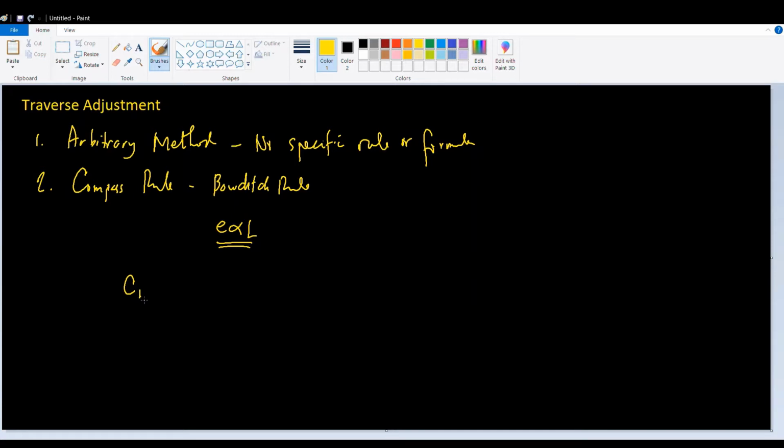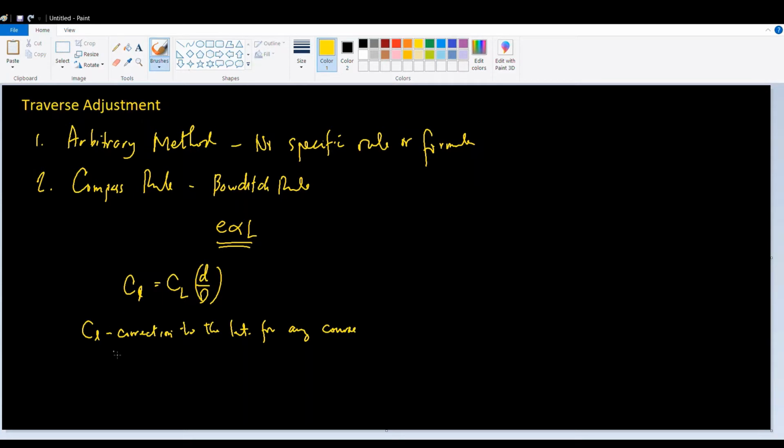C sub L is equal to C sub capital L times d all over D, where C sub L refers to the correction to be applied to the latitude of any particular course.